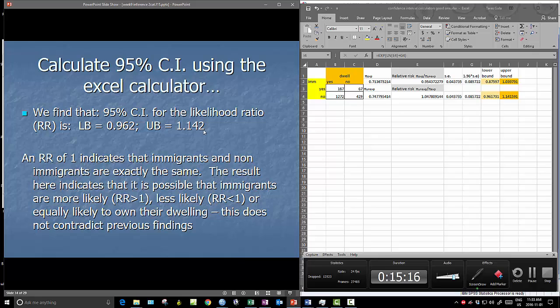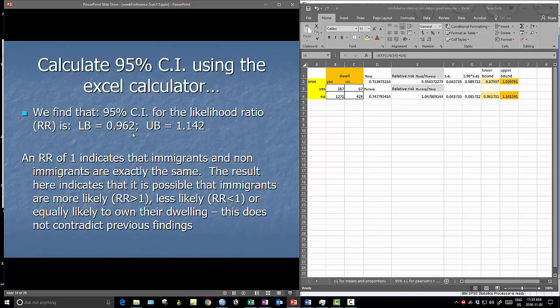Okay, so that is coming from here, and that is coming from here. A relative risk of 1 indicates that immigrants and non-immigrants are exactly the same in terms of home ownership. The result here indicates that it's possible that immigrants are more likely, less likely, or equally likely to own their own dwelling. This does not contradict what we saw in the exploration.